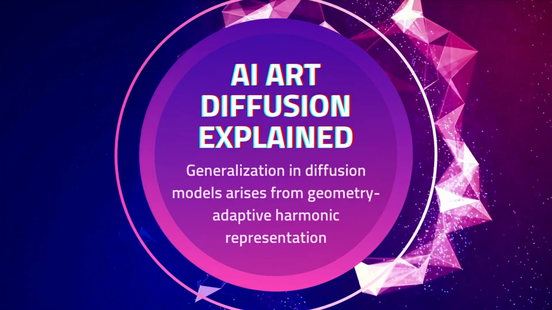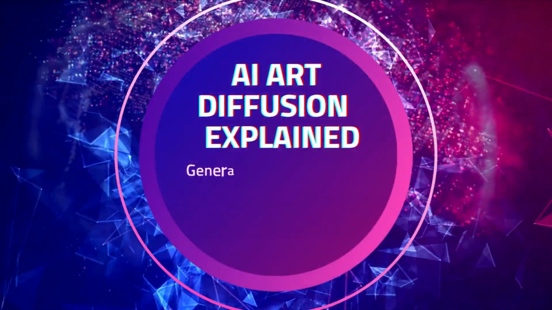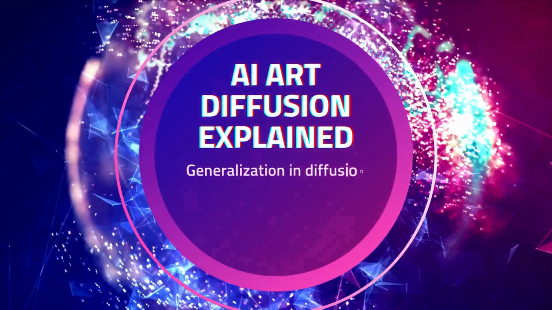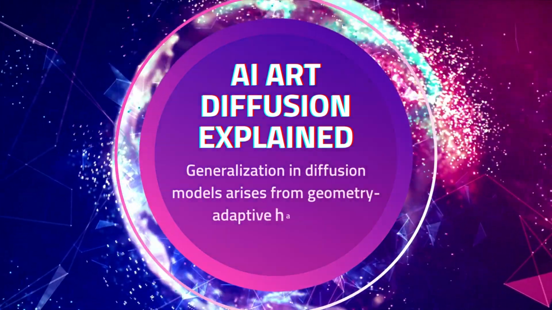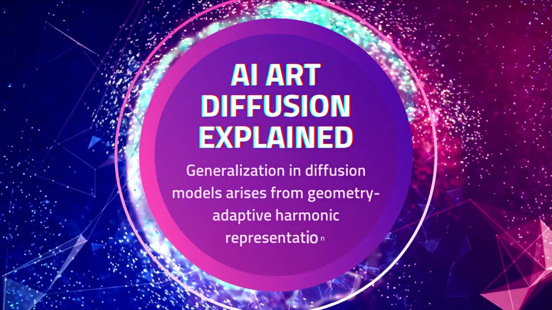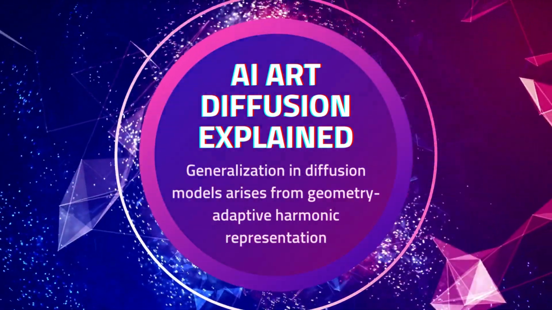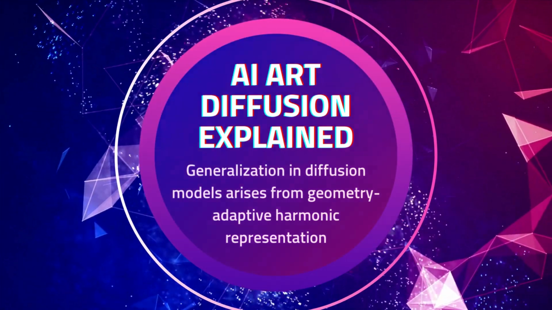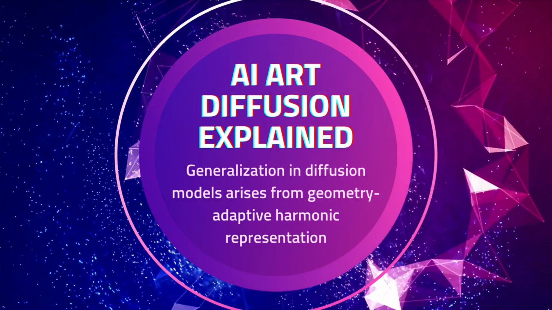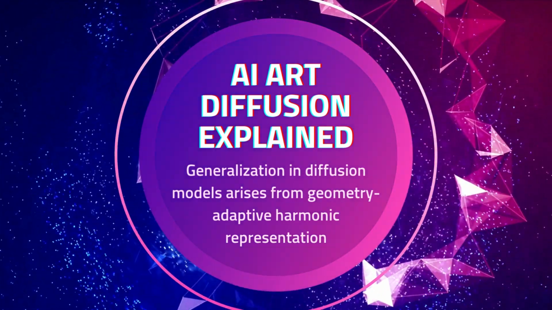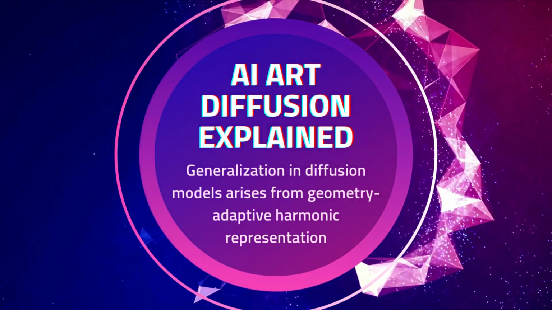Okay, so for the second test, they used what are called low-dimensional manifolds. It's a bit of a technical term, but just picture a simple shape, like a circle, moving around in an image. The only things that change are its position and size. That's what makes it a low-dimensional manifold. Oh, I get it. Like taking pictures of a ball bouncing. Exactly. And with these manifold images, the DNNs still performed well, but their reliance on GAHBs actually made them a little less efficient because GAHBs are so good at capturing complex shapes.